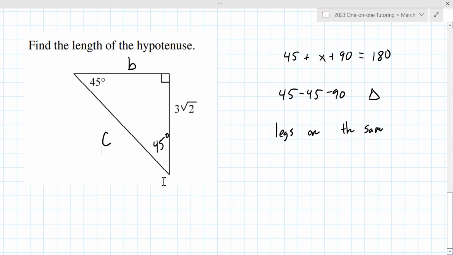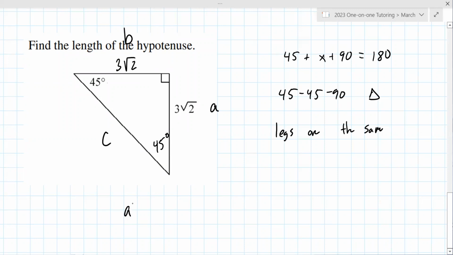C is the hypotenuse because it's across from the 90. Okay. So which letter is the leg? Yeah, A. There's only two letters on the triangle, B. So B is 3 square root 2. Okay. Now we can label them A and B.